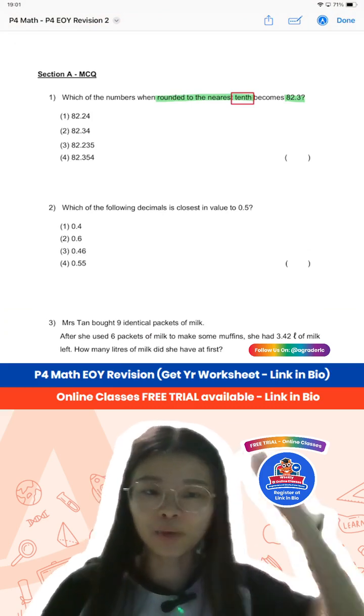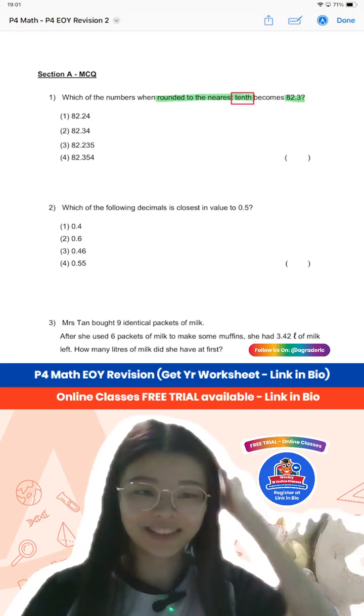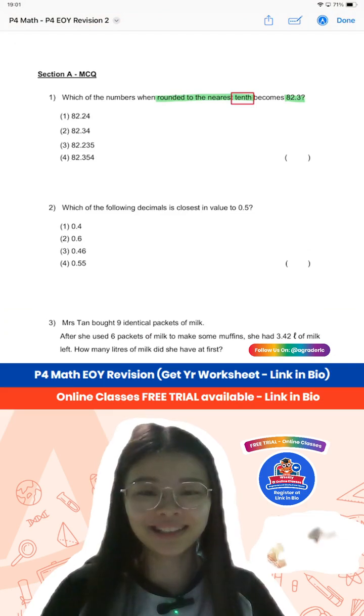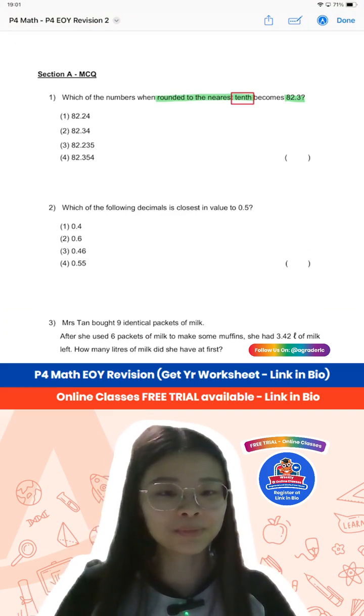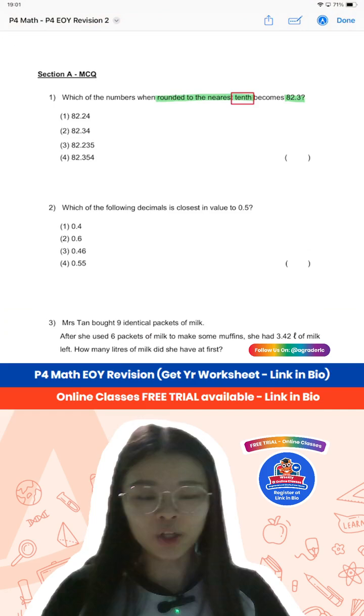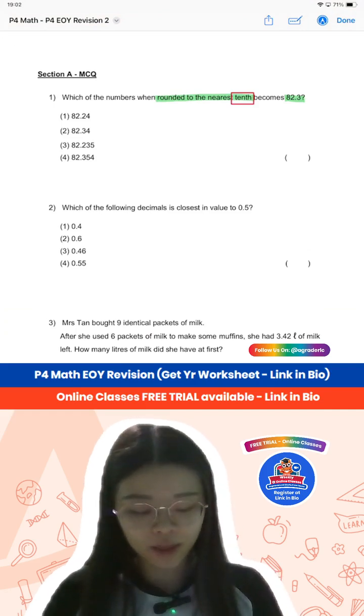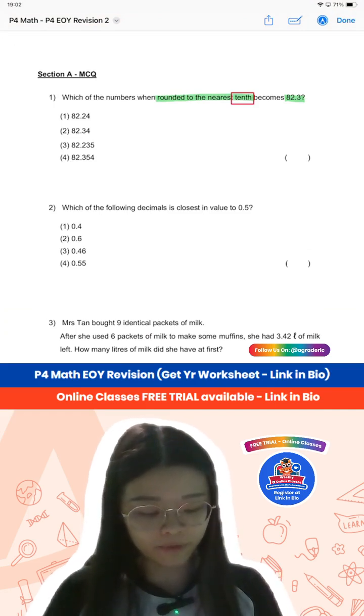Right now we have one person who answered the question. Any more answers? Rounded off to the nearest tenth, so which number should we be focusing on? Tenth place.